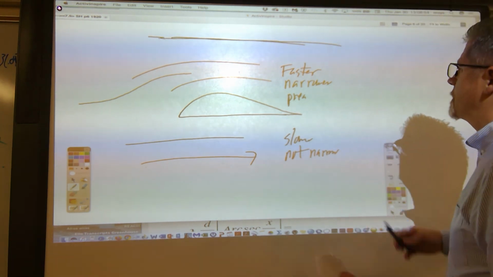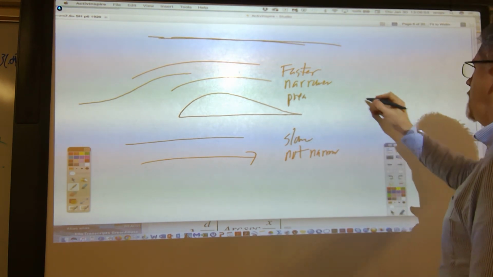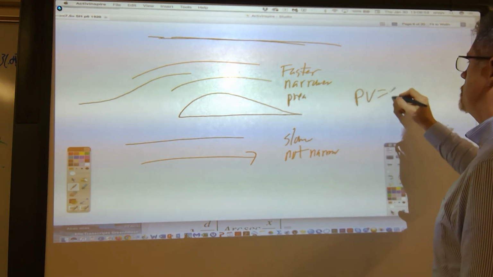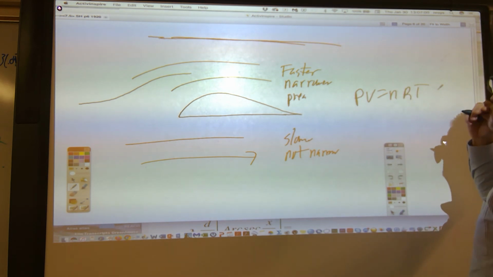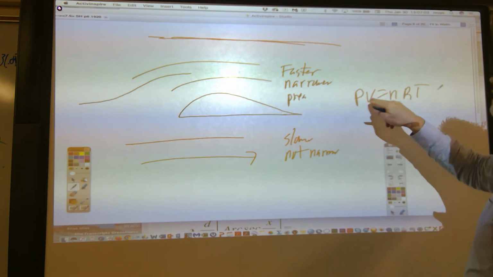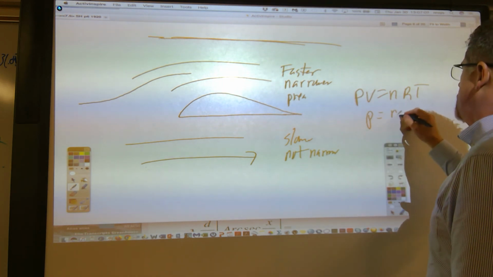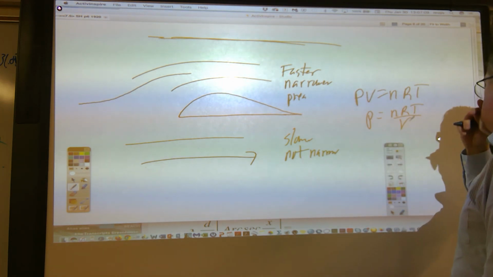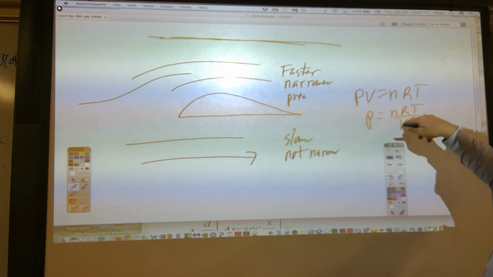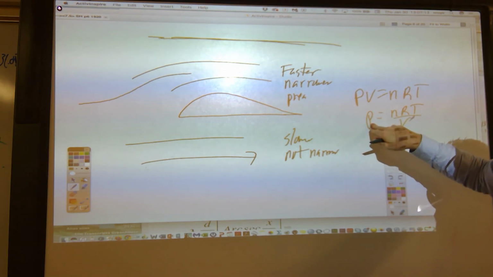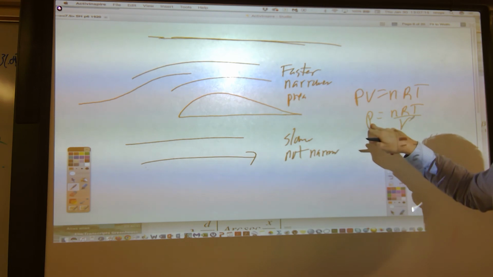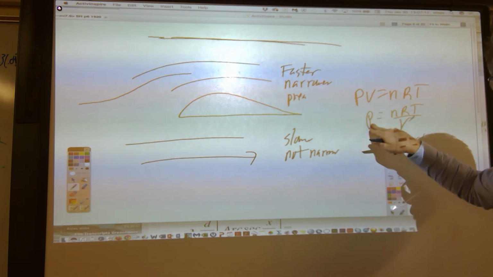But Val has indicated that she believes that in PV equals nRT, pressure is inversely related to velocity. So V is velocity, and P equals nRT over velocity. So when velocity goes up, pressure goes down. Thank you for helping me understand my cell phone cover.